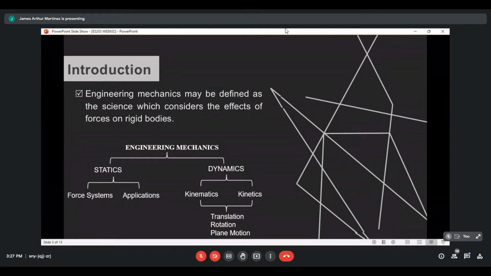So that's for translation. And then for rotation, that is circular motion. And for plane motion, this is the combination of translation and rotation. So it's much more complicated, compared to the two, since two systems are combined into one, and that is plane motion.